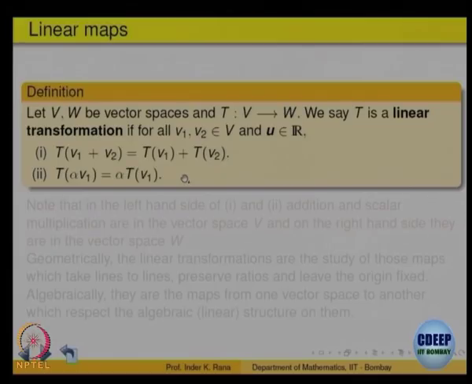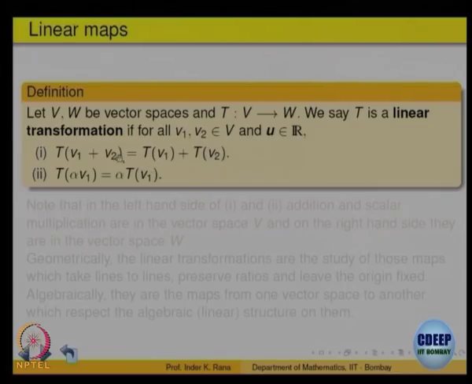And one thing you should note here, when you add V1 and V2, where are V1 and V2? They are in the domain, they are in the vector space V. So, you are adding V1 and V2 here, but T V1 and T V2 are in the image space W. So, there this addition is of vectors in W, right.